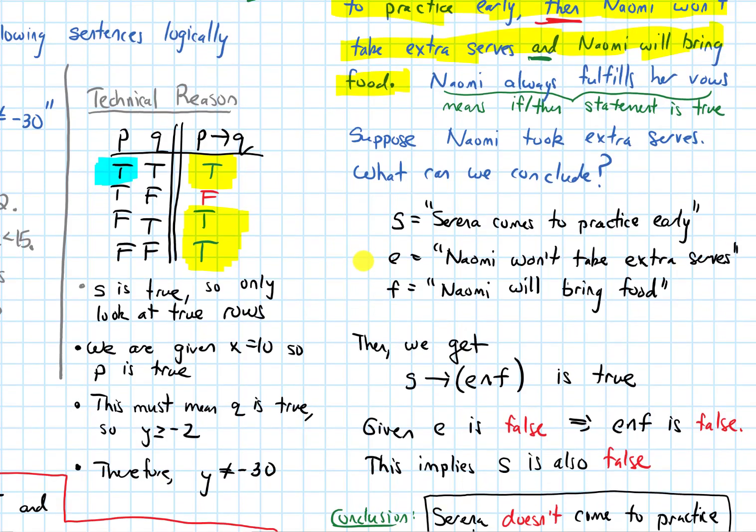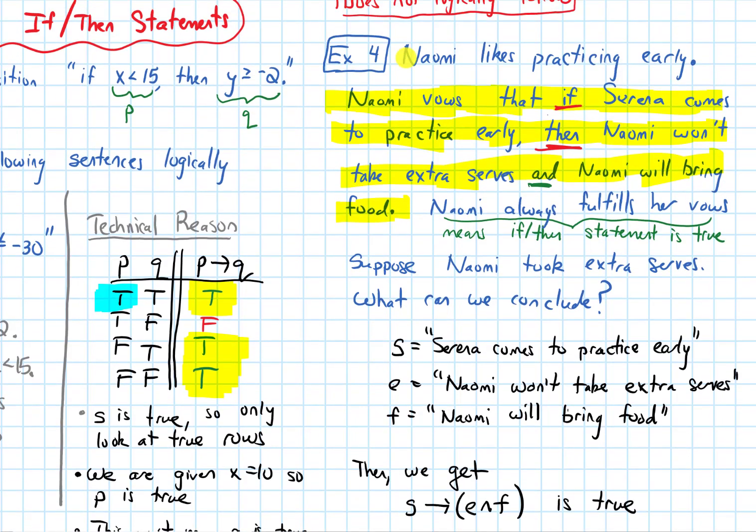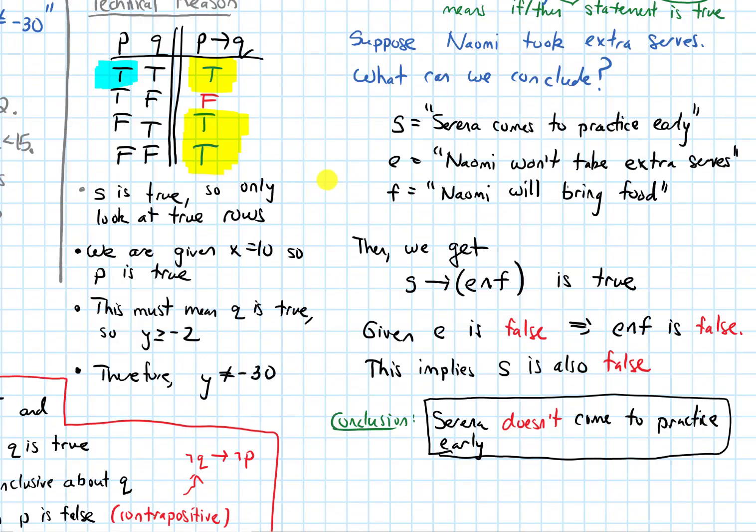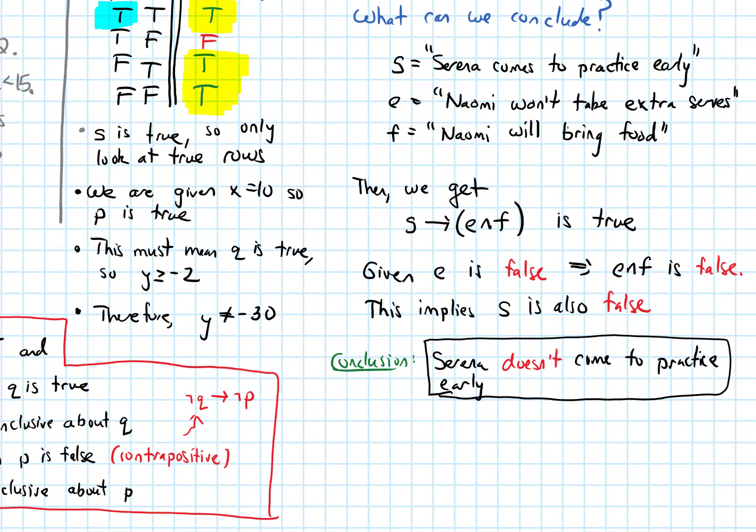Notice that the very first sentence here, Naomi likes practicing early, didn't really factor into the overall structure of the argument. That was just sort of extraneous information. So we didn't actually use that. Sometimes that'll happen. The other thing that I want to note about this is, in this example, E and F happen to be false.